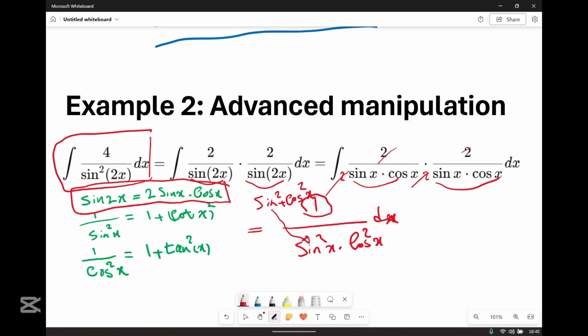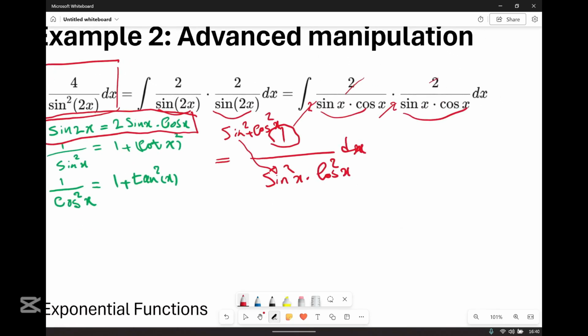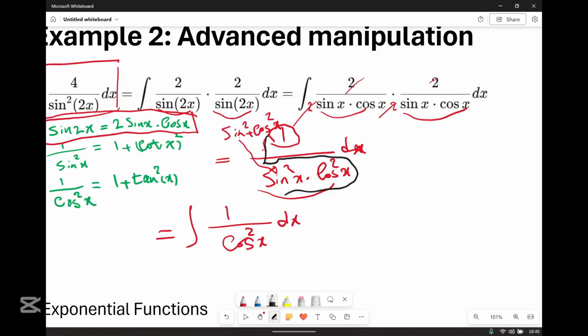If I factorize this, our total answer is the integration of this divided by this part, which is 1 over cosine power 2x dx, and this part divided by this factor is plus the integration of 1 over sine power 2x dx.